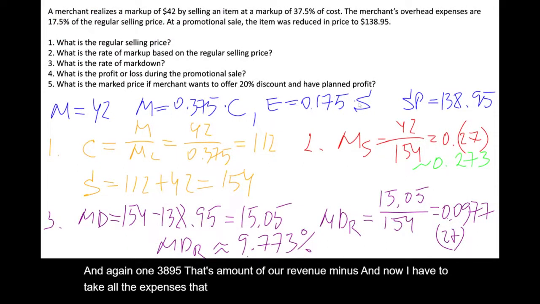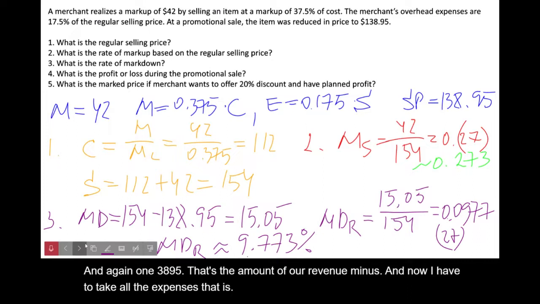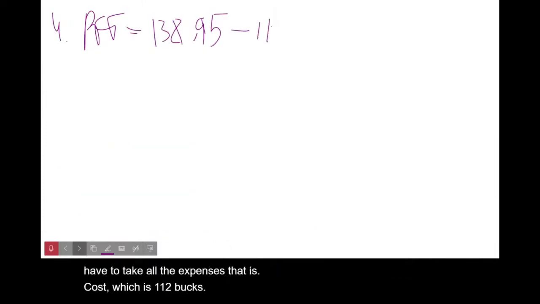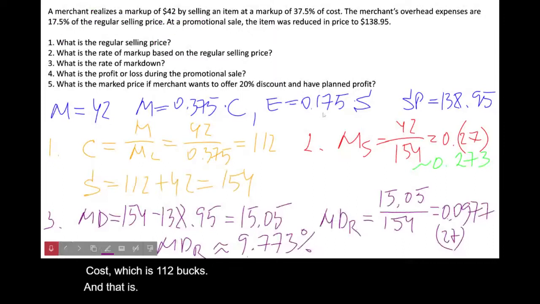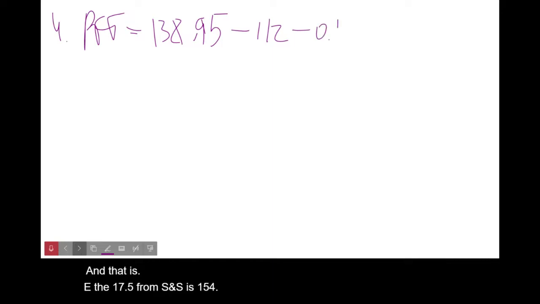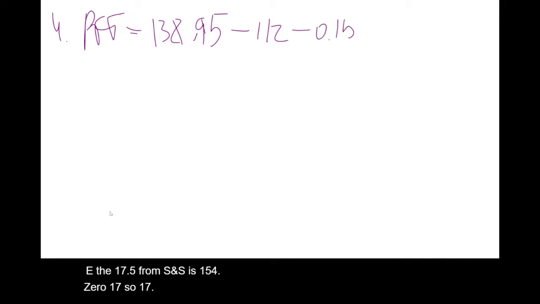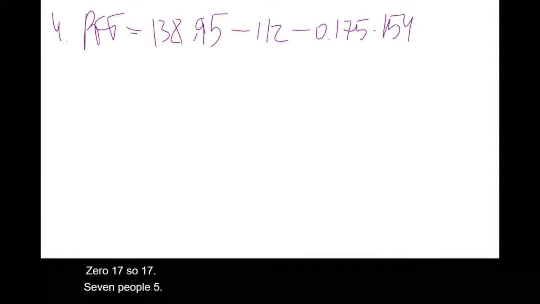That is cost, which is 112 bucks, and that is E, that's 17.5% of S, and S is 154. So 0.175 times 154.